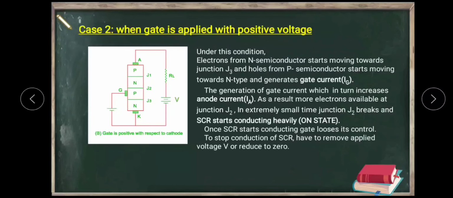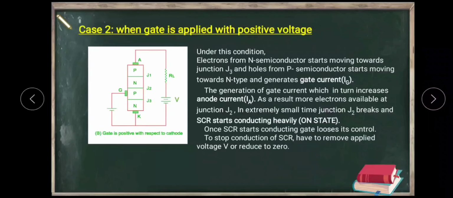It's very simple. When the gate is applied with a positive voltage, that is, voltage applied between the gate and cathode terminal, J1 and J3 are forward biased and J2 is reverse biased. Under this condition, electrons from the N semiconductor start moving towards junction J3.